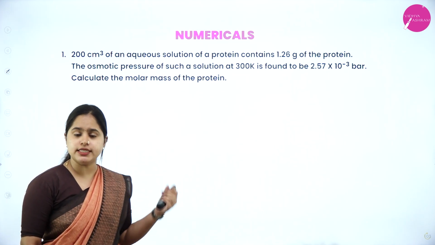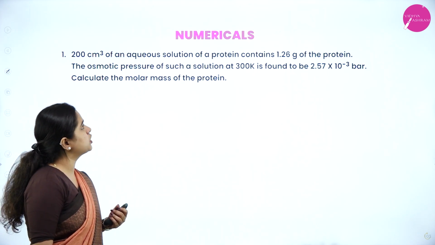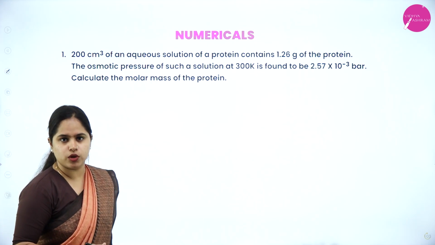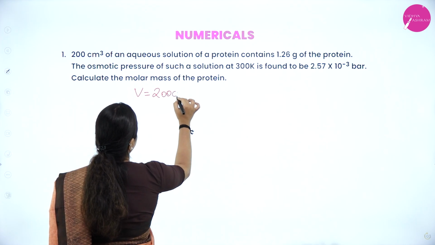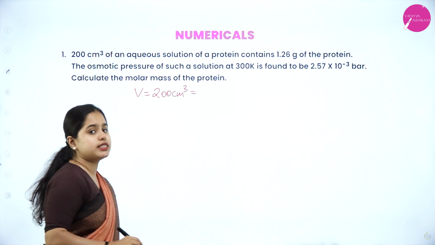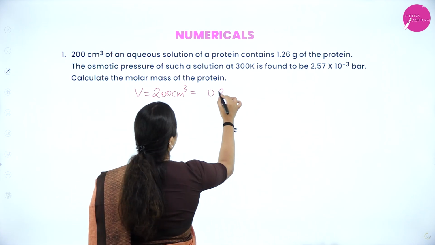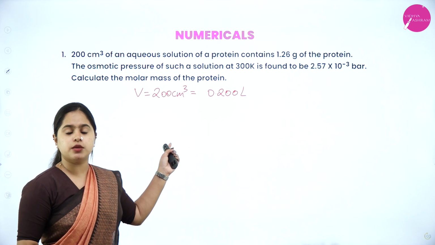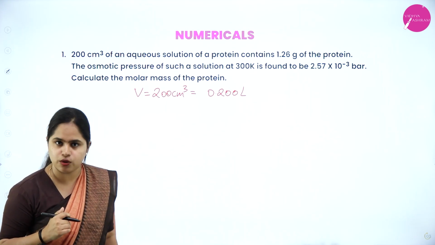Let's begin by writing down what is given in the question. The volume of the solution is given as 200 centimeter cube. 200 centimeter cube, how much is it in liters? It is 0.200 liters. So we converted 200 centimeter cube into liters.